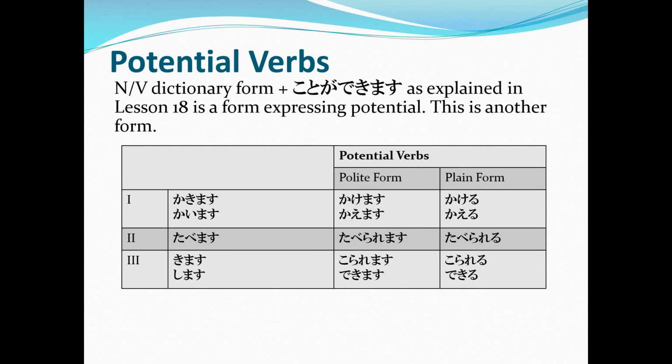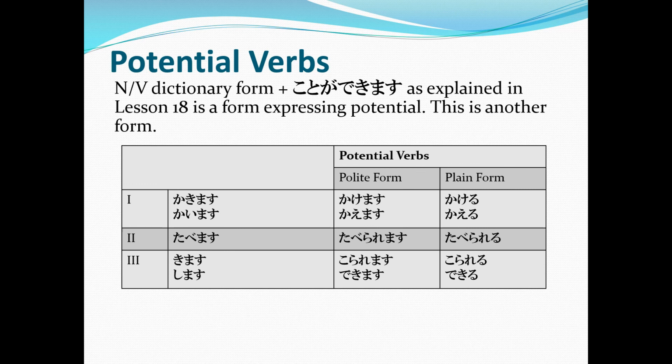Now, if you want to make it a plain form, benkyo dekiru, can study. Again, benkyo shimasu, which means to study. To become a potential verb, polite form, benkyo dekimasu. And then for a plain form, benkyo dekiru.